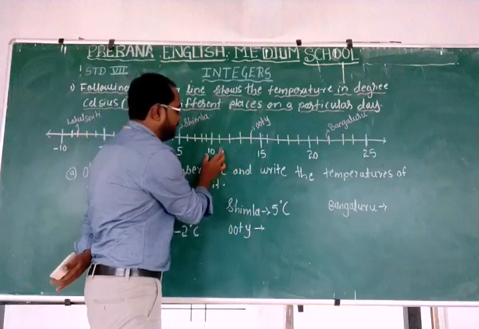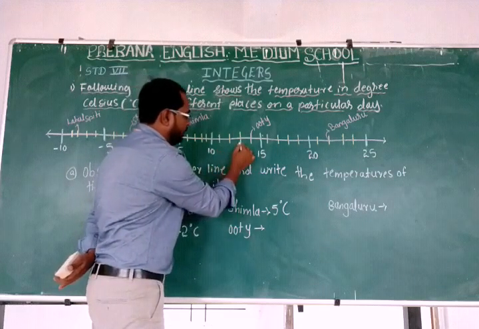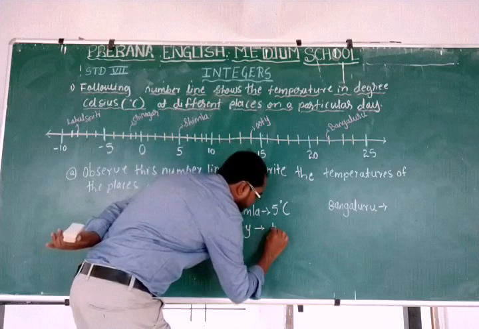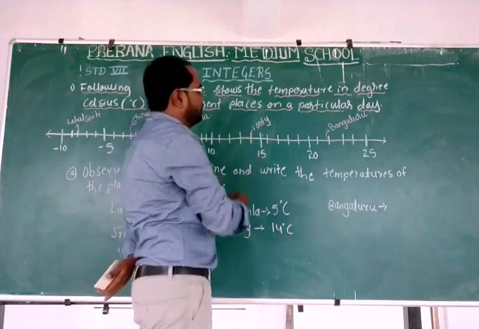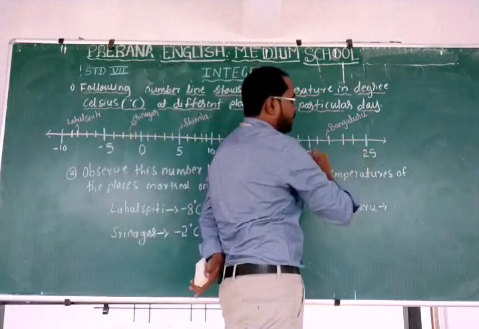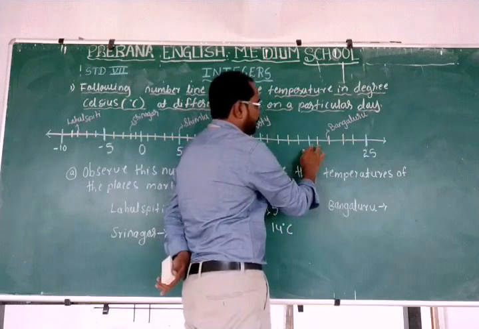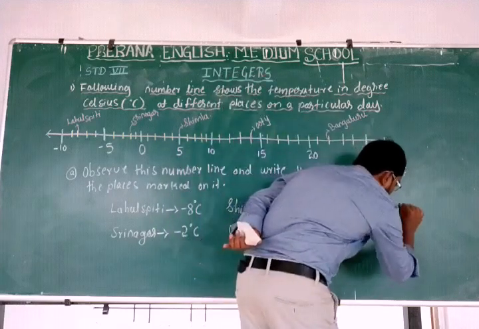That means the temperature is in between 10 and 15. So after 10, 11, 12, 13, 14. So how many degrees is it? 14 degrees Celsius. Next comes Bangalore. It is between 20 and 25. So the temperature of Bangalore is 21, 22 degrees Celsius.